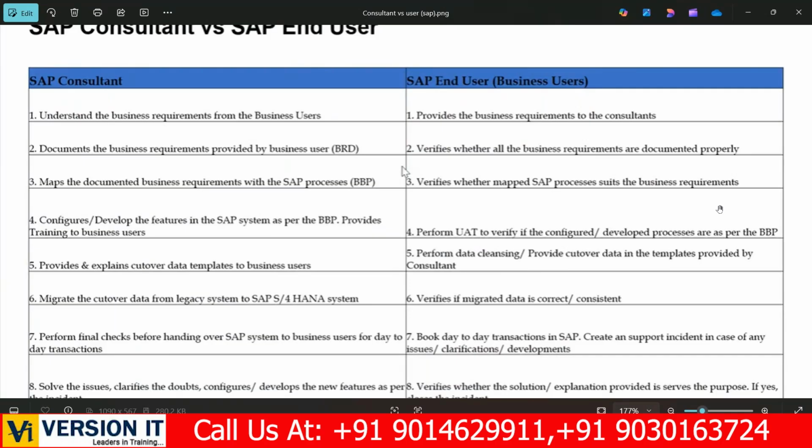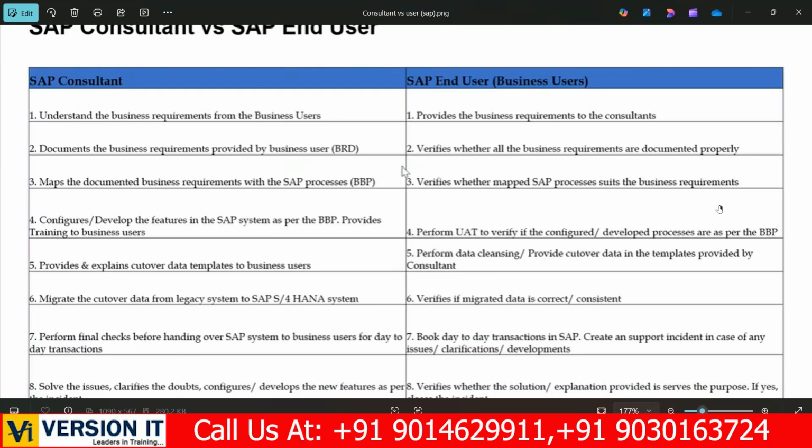Guys, differing company to company, all three are the same: end user or business user or key user. So all three are the same principle. Clear? They provide the business requirements to the consultant. Our example is Samsung company. So what does the Samsung company end user do? What are his regular activities? He prepares a draft and forwards it to the consultant, right?